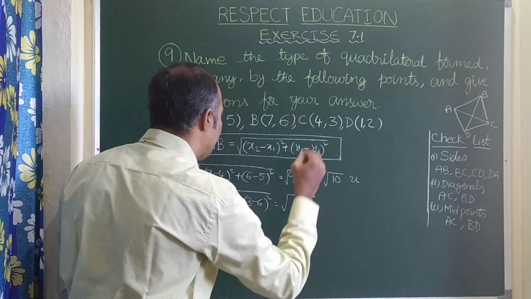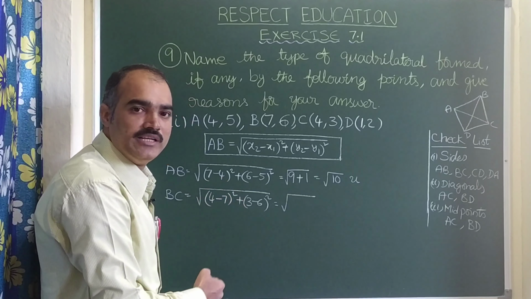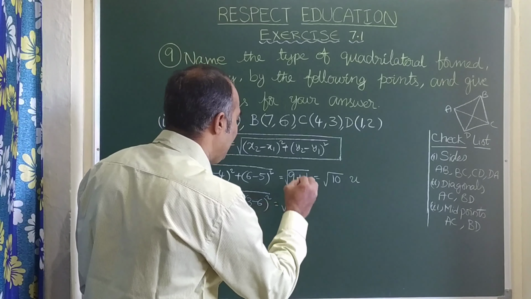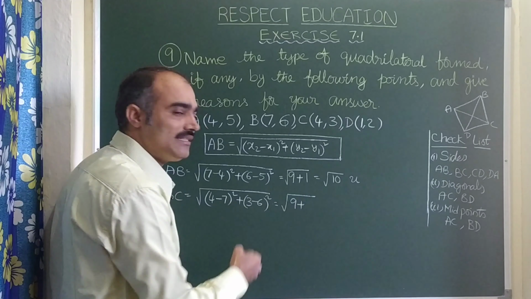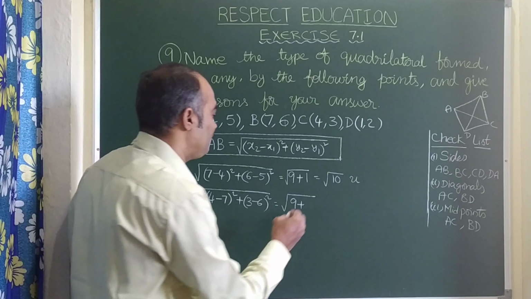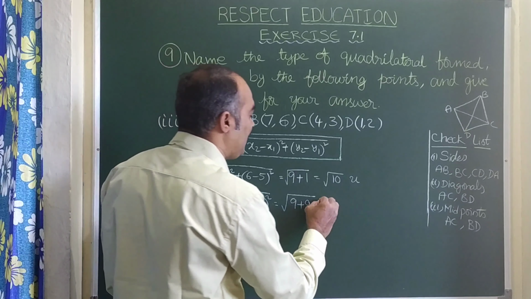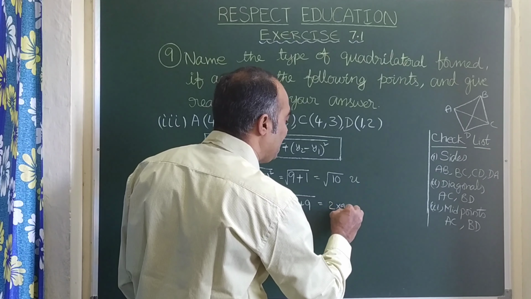On simplification, 4 minus 7 is minus 3. Minus 3 whole square is plus 9. So 9 plus, 3 minus 6 is minus 3. Minus 3 whole square is again plus 9. So here 9 plus 9 is 18, or we can write it as 2 times 9.